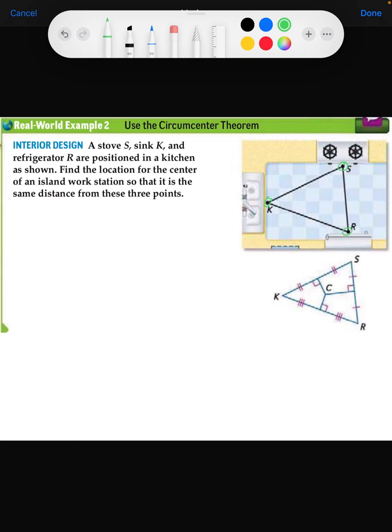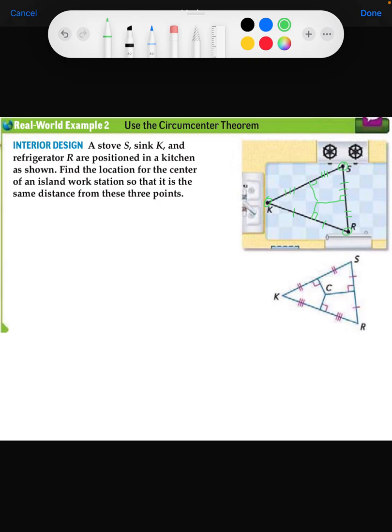So what we could do is draw the perpendicular bisectors of this triangle. So perpendicular bisectors, right, it's going to go through the middle so that these two are equal, and through the middle here, and all are going to be perpendicular so that this side is equal to this side.